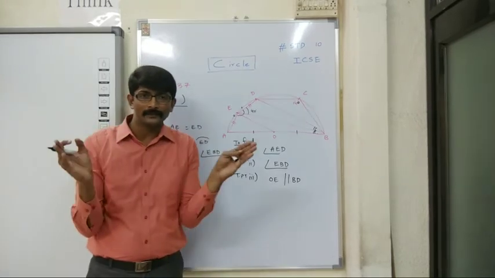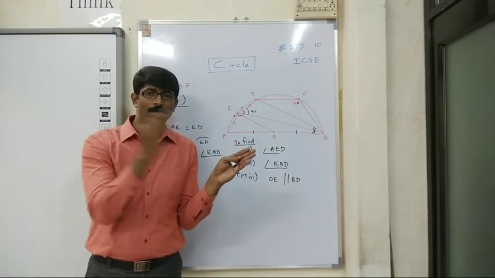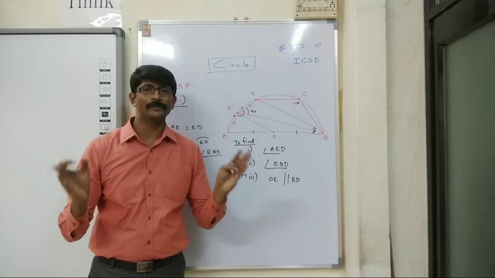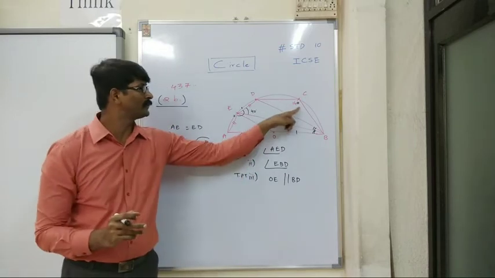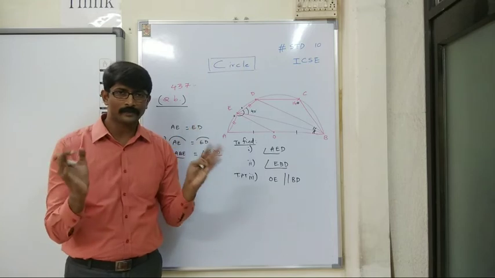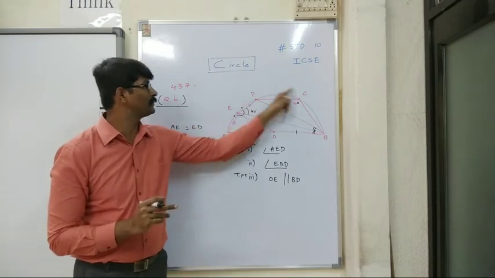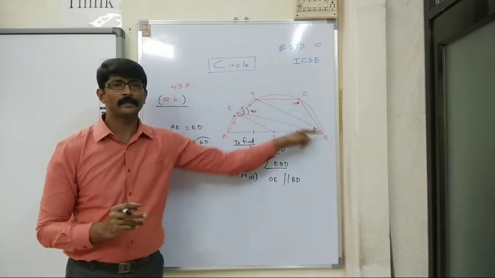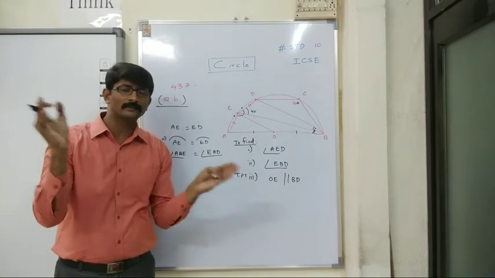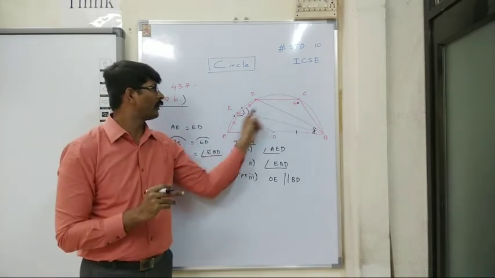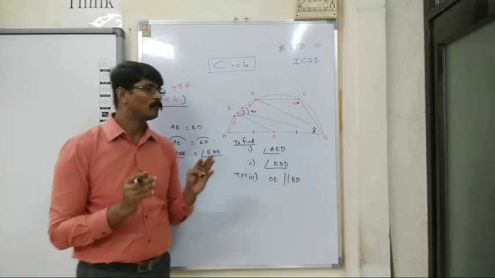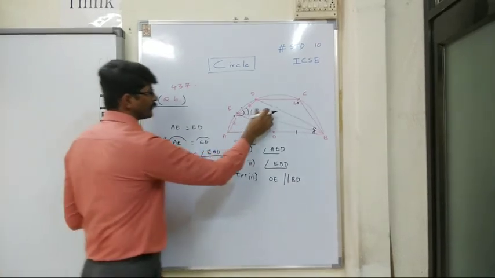opposite angles of a cyclic quadrilateral are always 180 degrees. EDCB is a cyclic quadrilateral. So opposite angles of the cyclic quadrilateral are always 180 degrees. So I'll write this down.